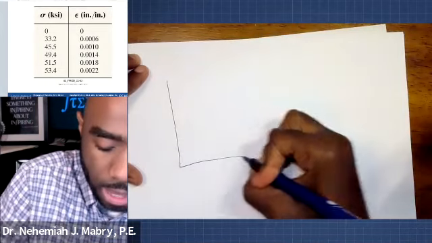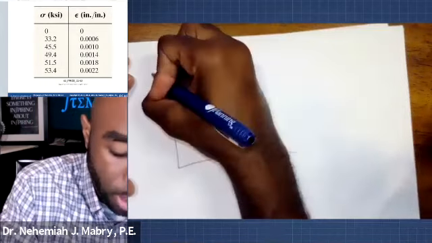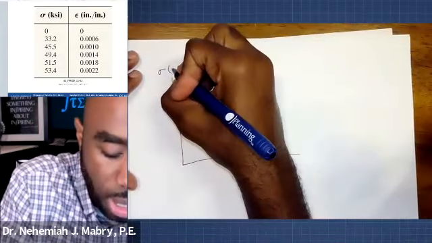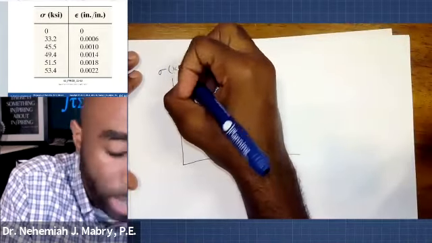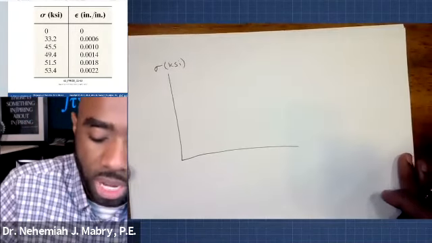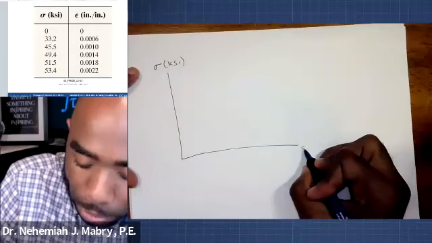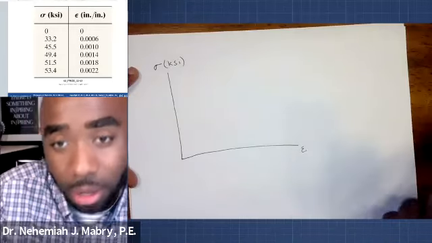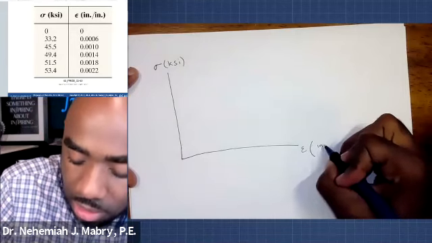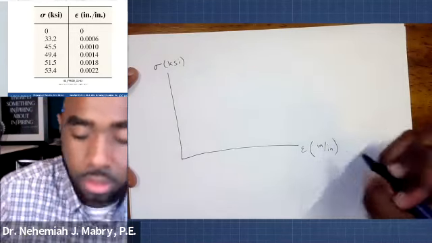This is Y, and this here is stress. Stress is usually in some sort of units, and in this case we have ksi, kips per square inch. And epsilon here is our strain, technically dimensionless, but we'll write it as inches per inch.